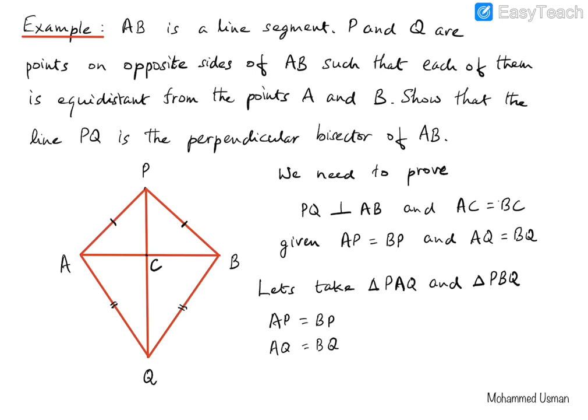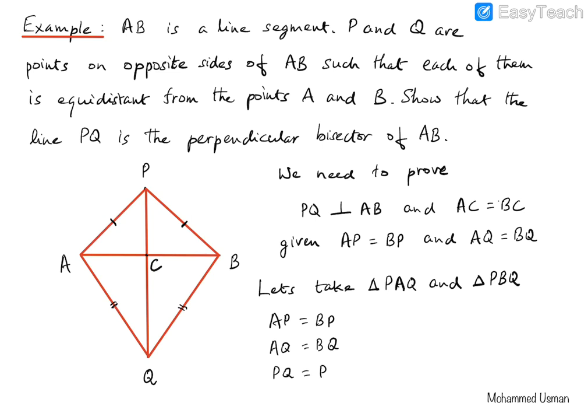Again, how do we know that? Because Q is also equidistant from the points A and B. That is given in the question. And then we have a common side, which is the side PQ. The PQ side is common to both the triangles PAQ and PBQ.